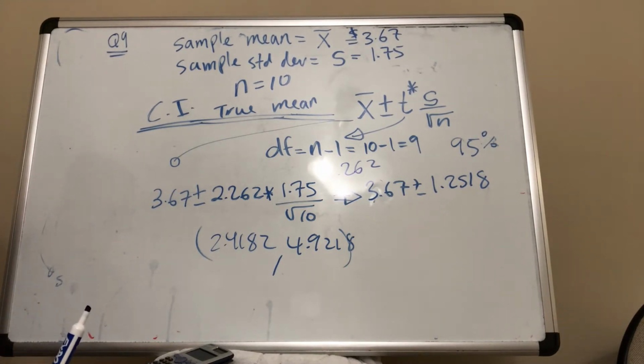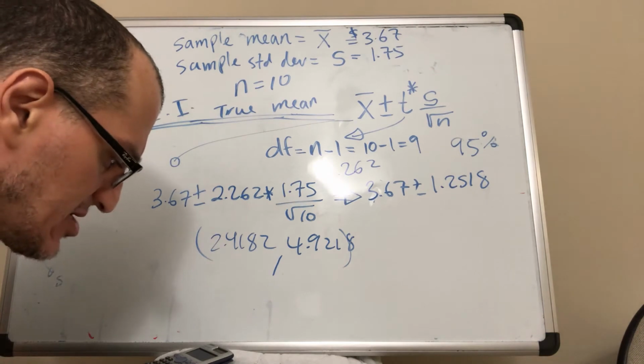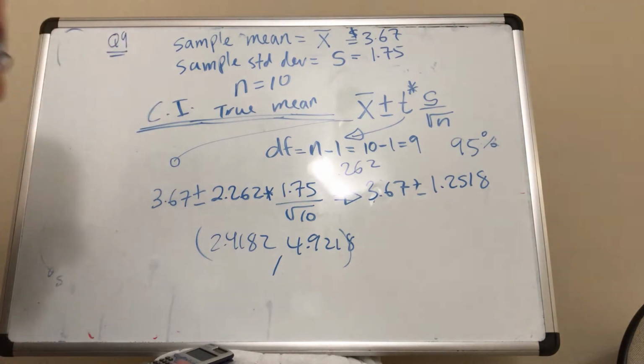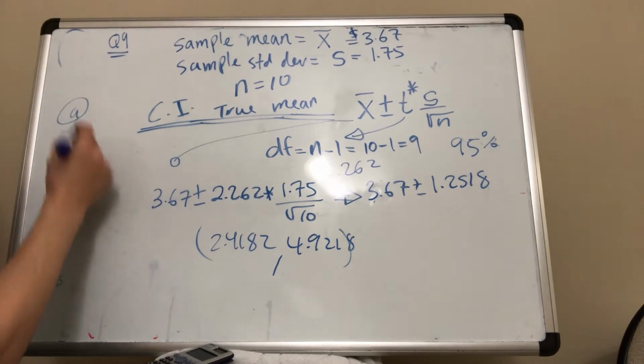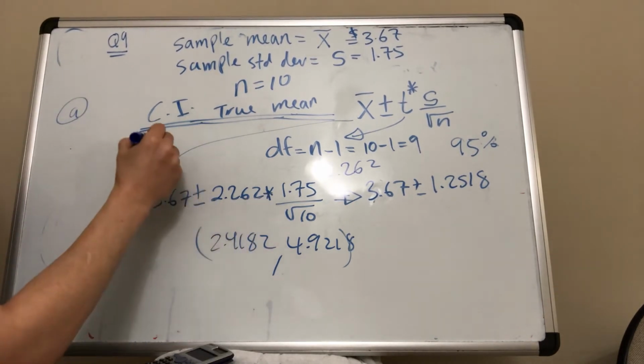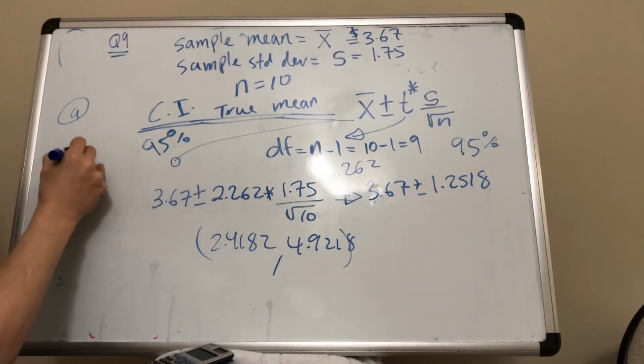Now, this is only question 9a. Question 9b: would the 95% confidence interval be wider or narrower if they want you to go to 90%?